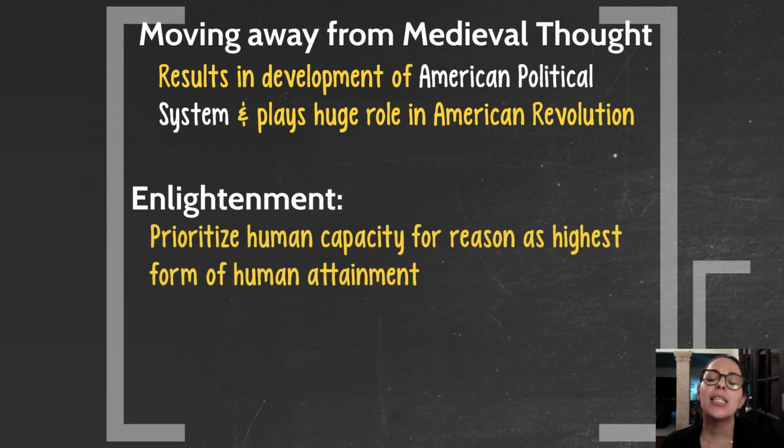So let's talk about the Enlightenment, okay? The Enlightenment is, like I said, a moving away from medieval thought, but more than anything, its emphasis on prioritizing human capacity to reason, and that being the highest form of achievement a person could attain.